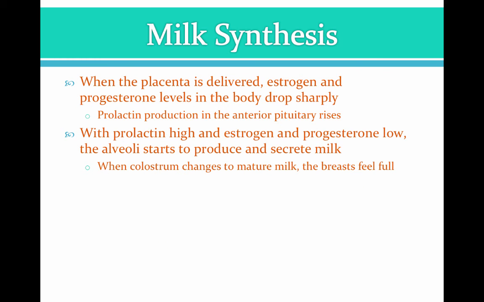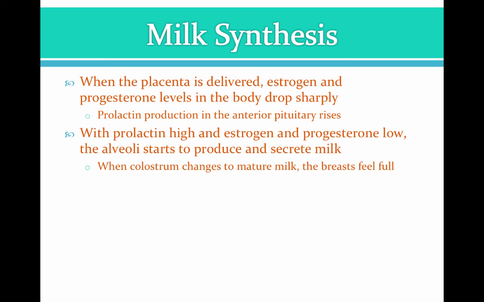So, when the placenta is delivered after birth, estrogen and progesterone levels in the body drop sharply. And it's this drop in estrogen and progesterone that triggers prolactin production in the anterior pituitary, and that rises.